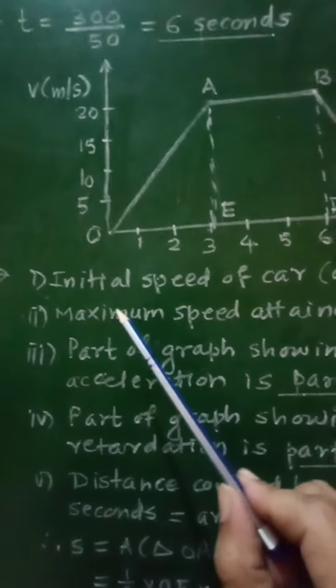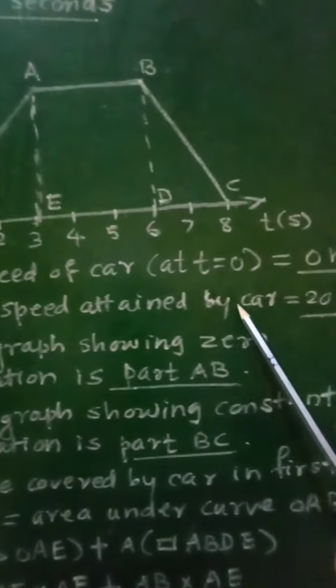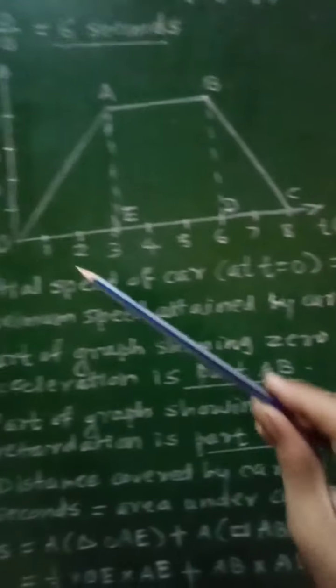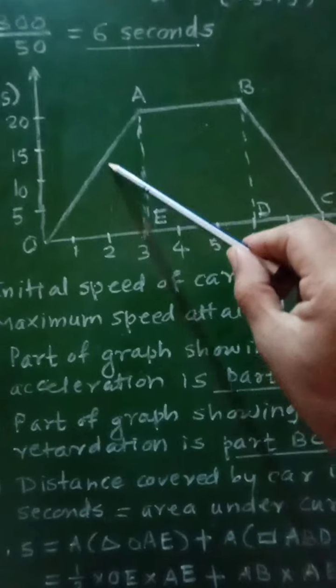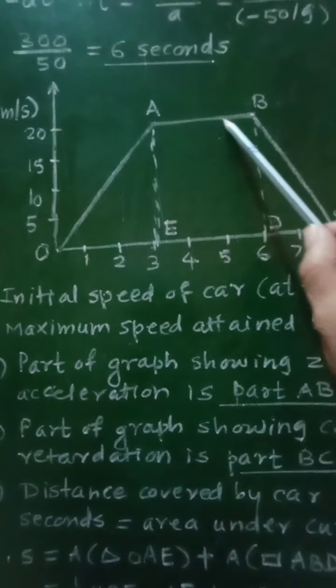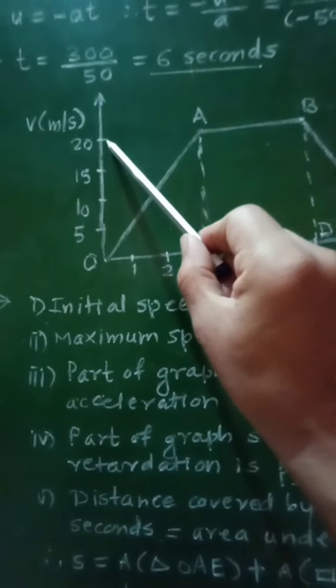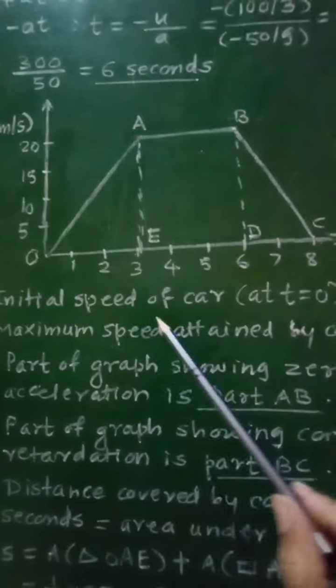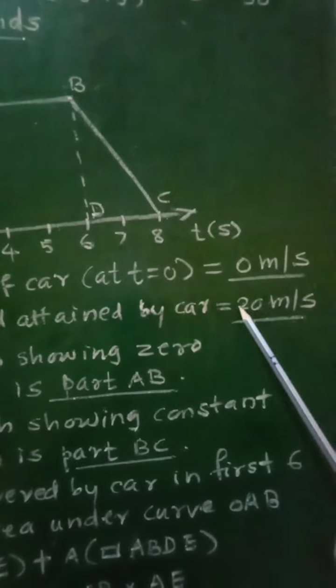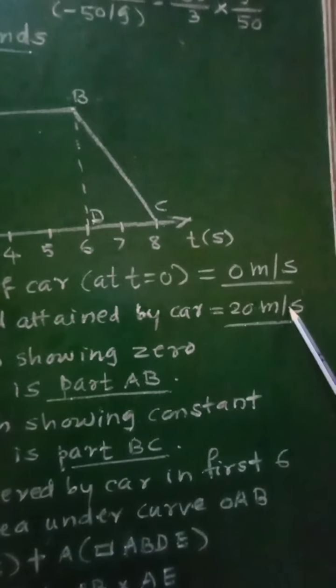Then second, maximum speed attained by the car. If you trace this graph, then this AB part will represent the maximum speed of the car, and its value is 20 meter per second. Therefore this maximum speed attained by the car will be equal to 20 meter per second.